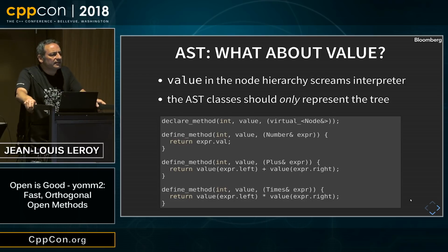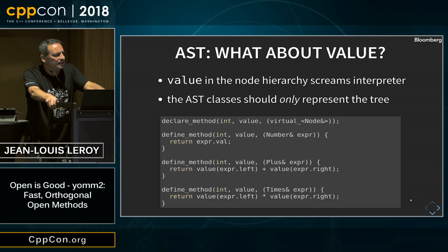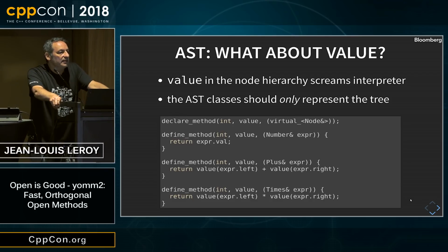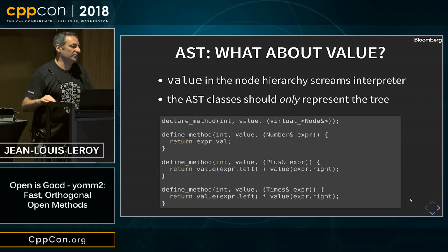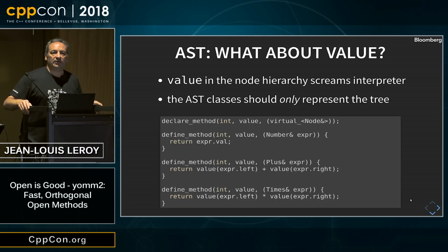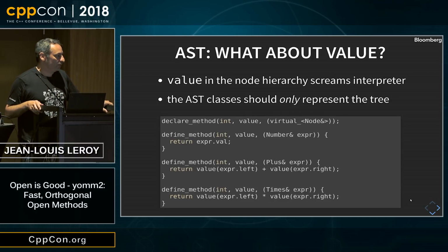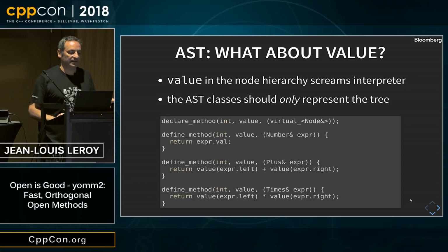So once again, value is in fact just like toRPN. It's a cross-cutting concern. The tree classes should just do their tree business. And value is a processing of the tree, just like toRPN. So I argue that, in fact, even value should be an open method outside of the class hierarchy.